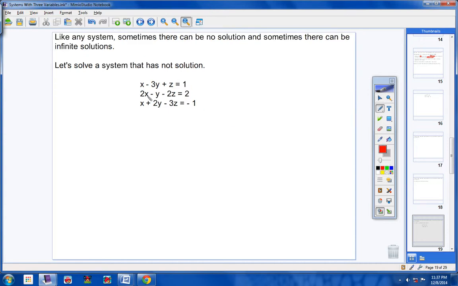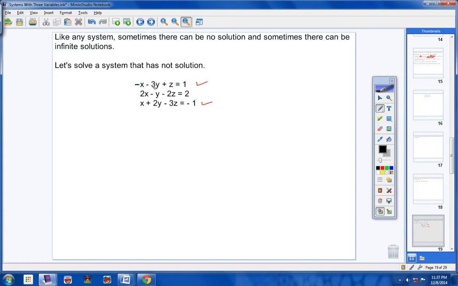So personally, I'm going to eliminate my x's, okay? So I'm going to take this top equation and this bottom equation, x and x, and combine them. But first of all, I'm going to multiply this top equation here by a negative 1 to get rid of all the signs, okay? So here we go.